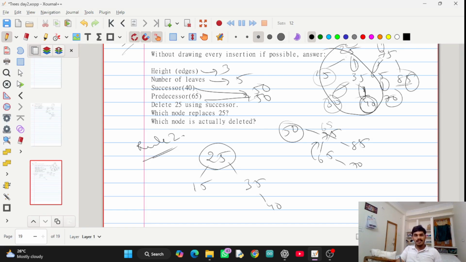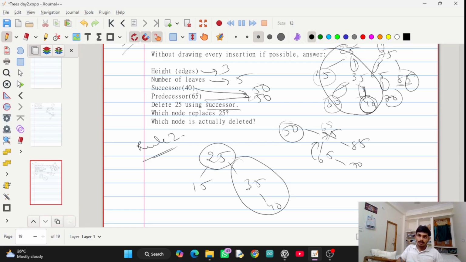In a left subtree, you need to do it with the successor. Successor means you have to consider the right subtree. In the right subtree, whichever element is lesser, replace that.